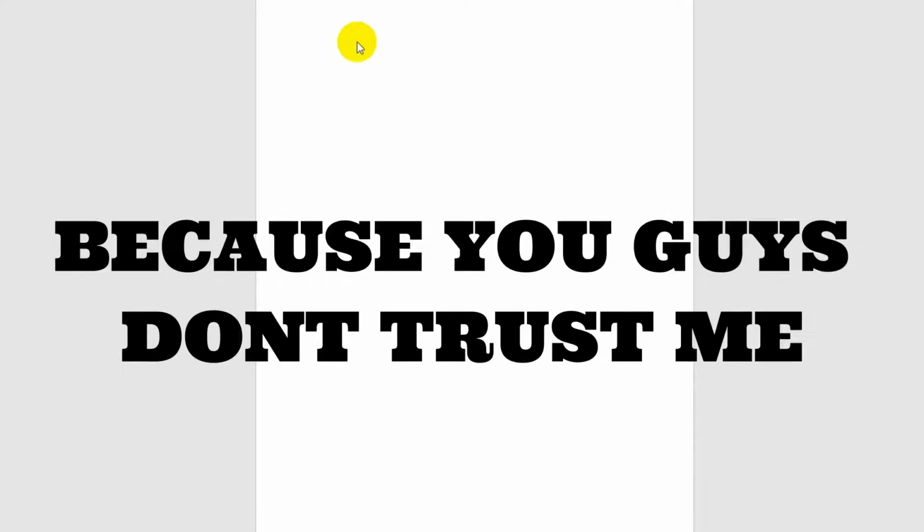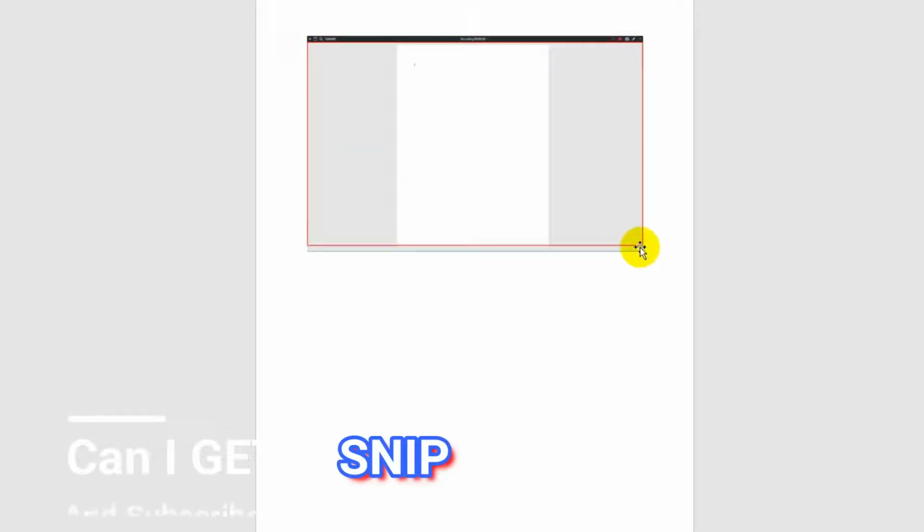Now I press Print Screen again, because if you don't trust me, I'm going to press it more than once. Okay, it's done. Now press Ctrl V. That's the screenshot, and it took the picture of my recorder, which shouldn't be there.